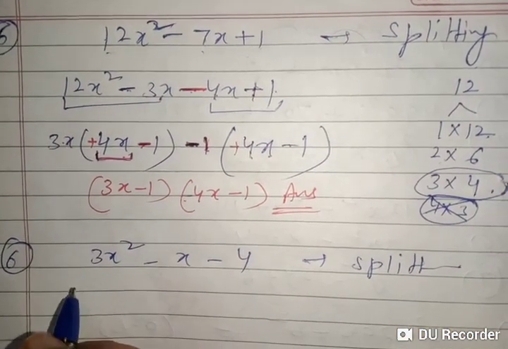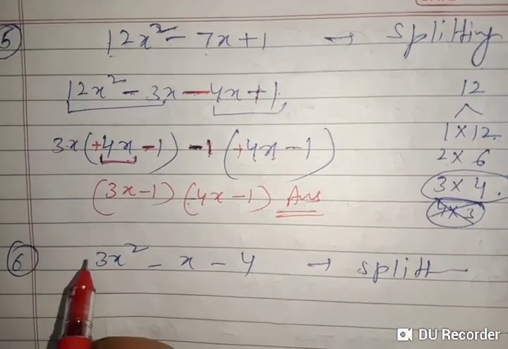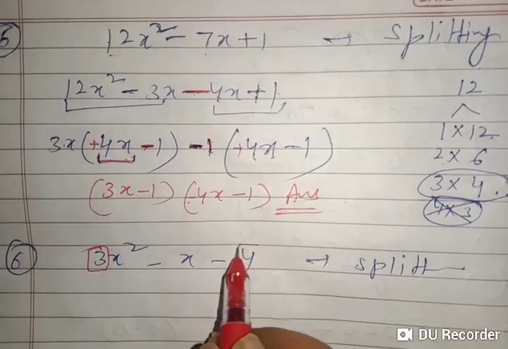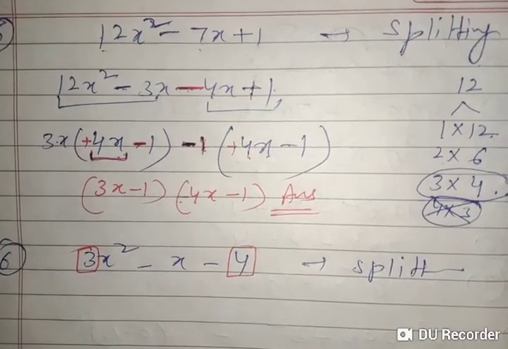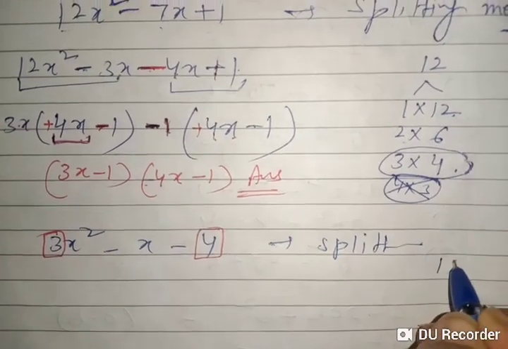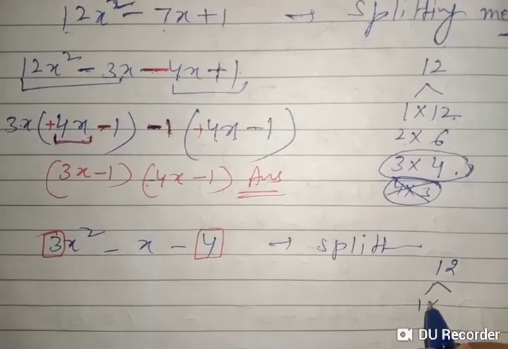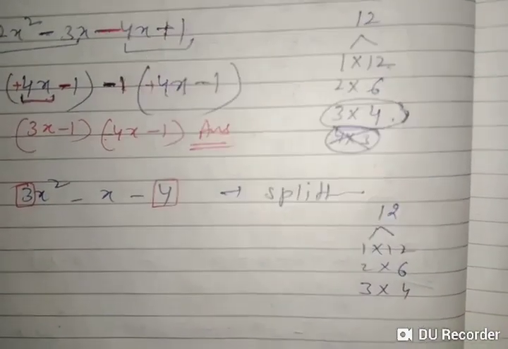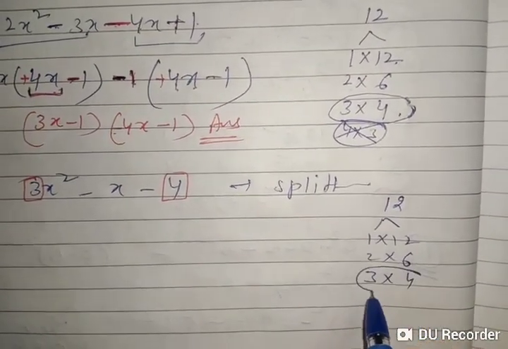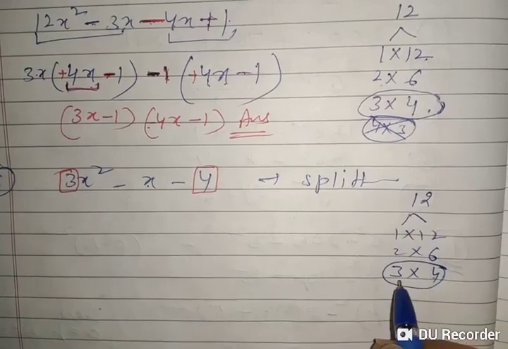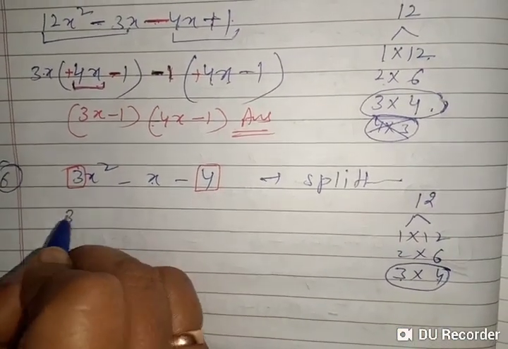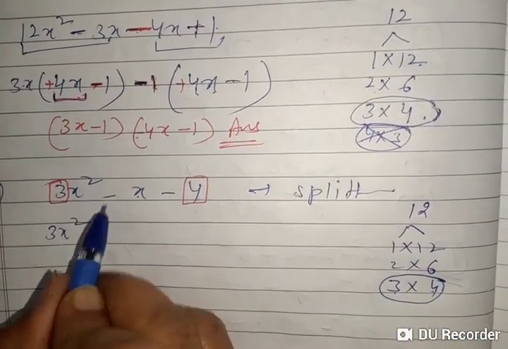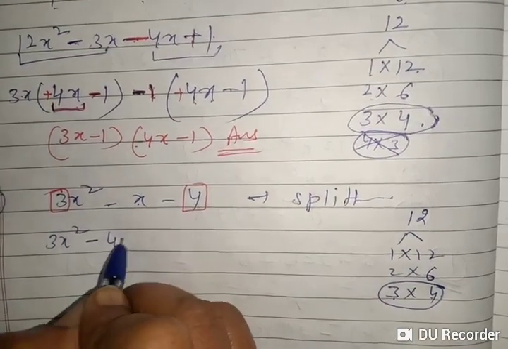For splitting we need to multiply these two numbers. We'll get minus 12, but I am writing 12. So same: 1 into 12, 2 into 6, 3 into 4. Which combination is the best one? This, because the difference is 1. So 4 and 3. This will be 3x square minus 4x plus 3x.